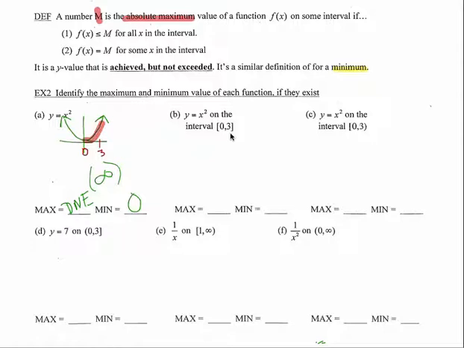So on that interval, the minimum is, again, 0. The maximum, because we've defined this as a closed interval, our maximum is right here. And the maximum is 9.